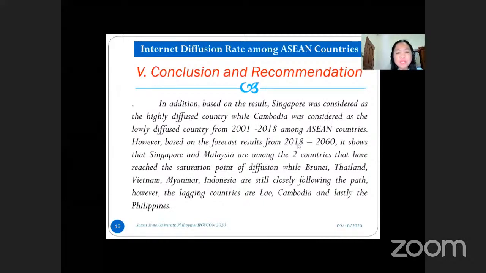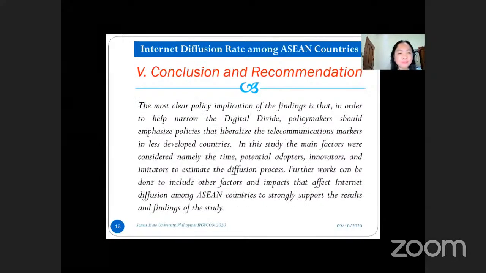However, based on the forecast results from 2018 to 2060, Singapore and Malaysia are among the two countries that have reached the saturation point of diffusion, while Brunei, Thailand, Vietnam, Myanmar, Indonesia are still closely following the path. The lagging countries are Laos, Cambodia, and lastly, the Philippines.